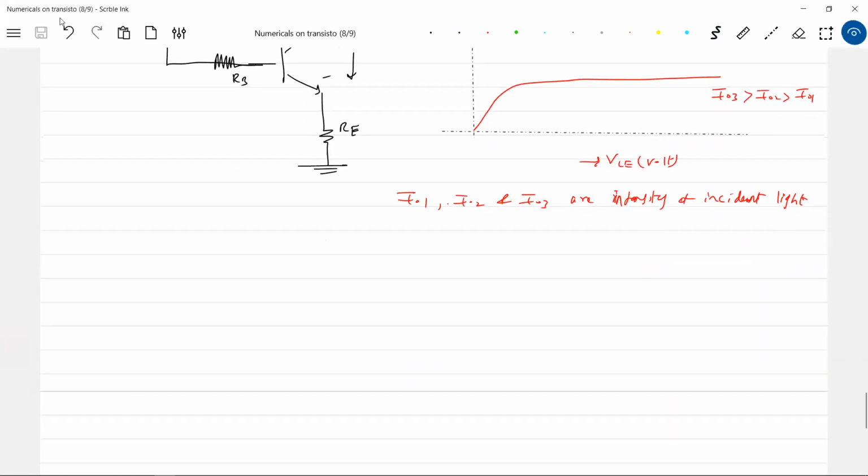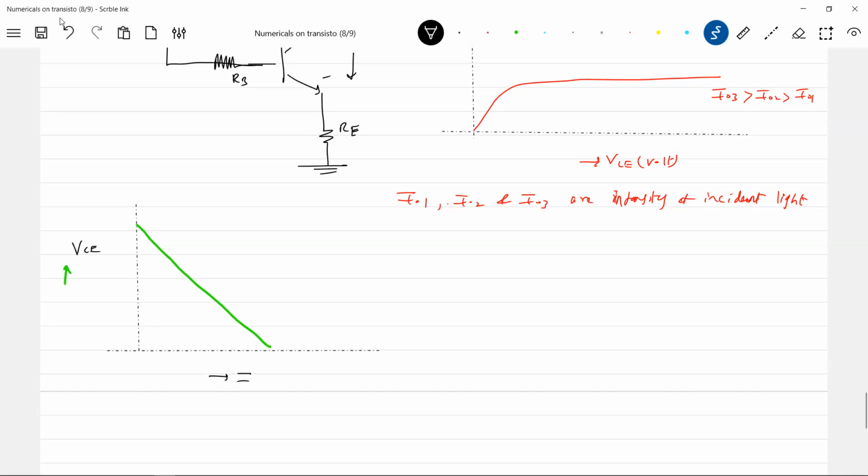What is the best thing is you can plot this curve. This is VCE. What is the formula? VC equal to VCC minus ICRC.